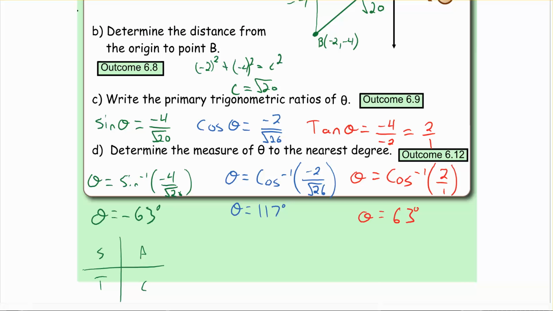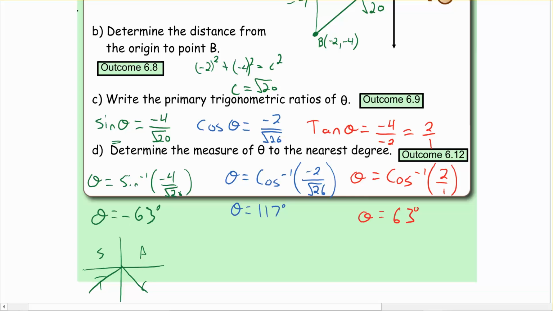Okay, so like I said, the angles came out a little bit different this time. So what I want to show you is what they all mean. So the first one, when I found sine theta, I had -4 over square root 20 up here. So sine was negative, right? So that's what it was saying. If I look at my CAST rule down here, sine is negative down there and down there, right?